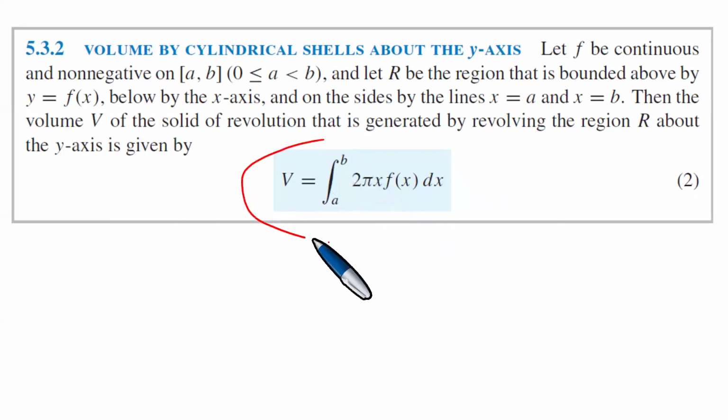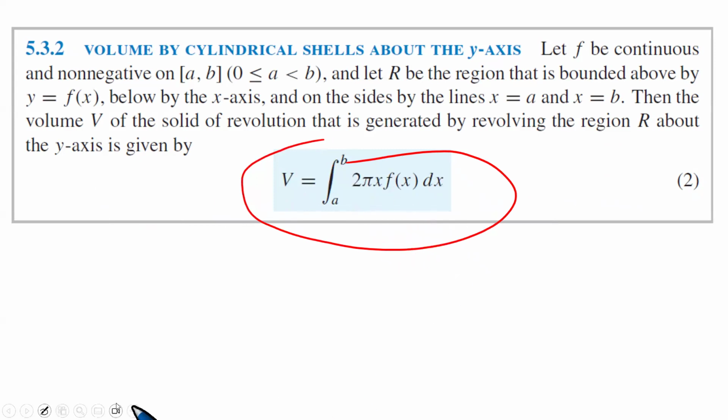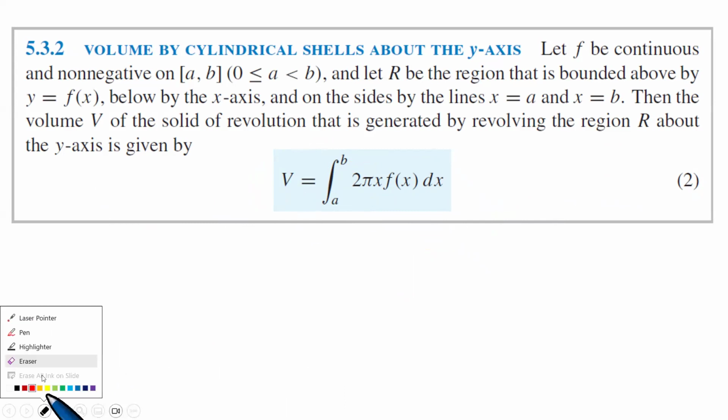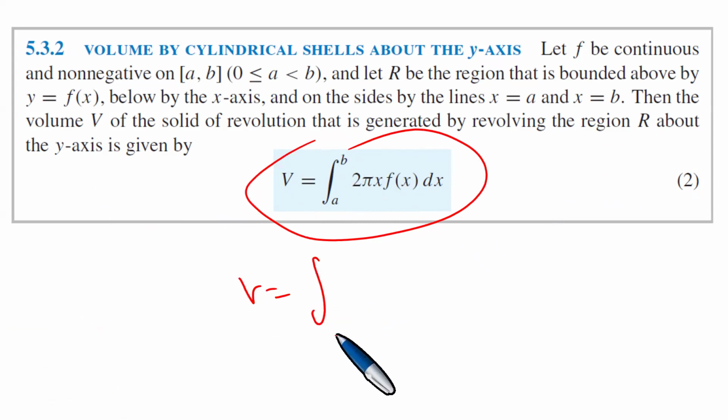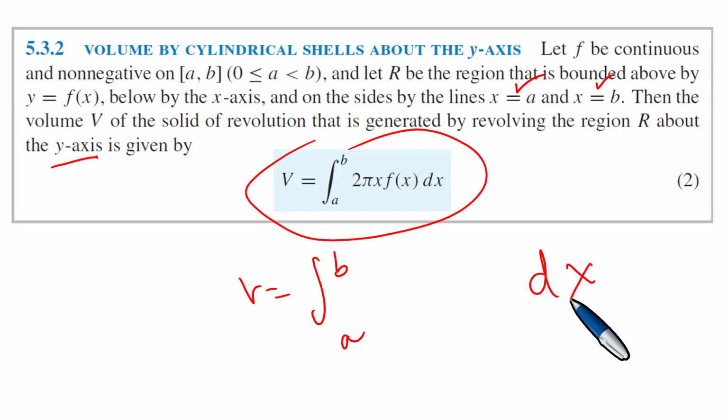But I want us to take note of the fact that if it is by the y-axis, look at the variables. By the y-axis, you have the two variables that interplay. You integrate from A to B, where x is A and x is B. About the y-axis, you put a dx.